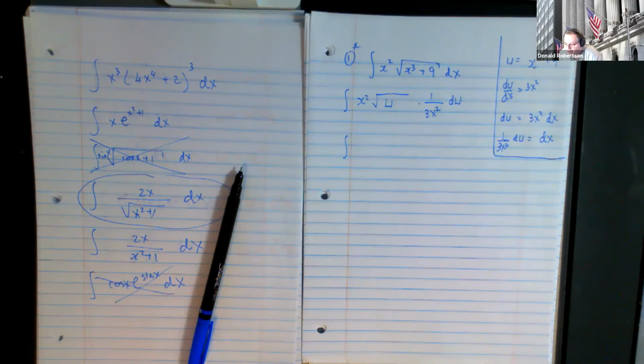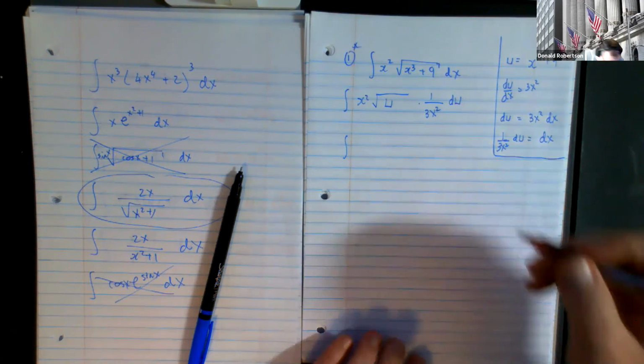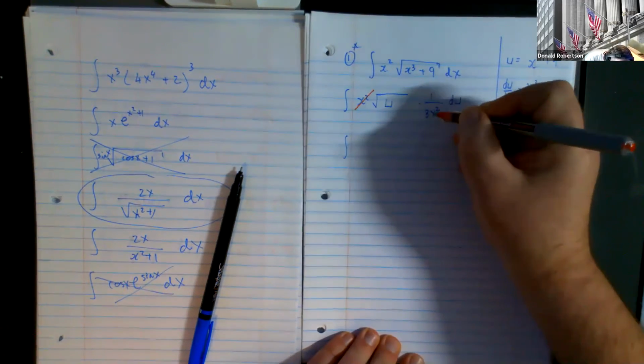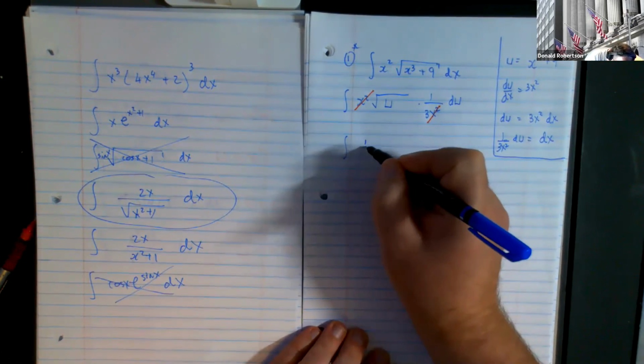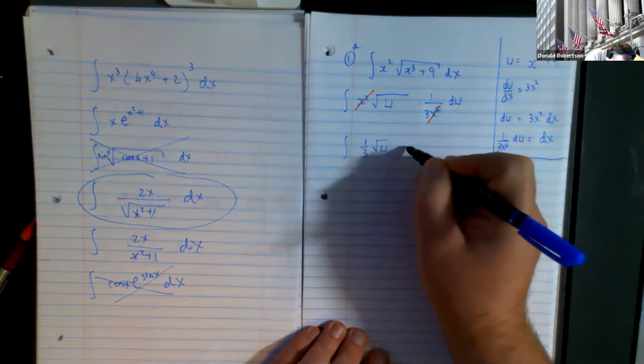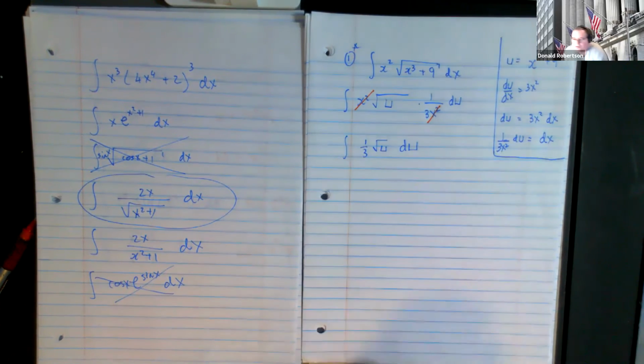You're okay to have numbers left over, but not x's. So I'm going to say that that x squared cancels out that x squared, and that leaves me with 1/3 the square root of u du. Square root of u seems to be a popular question right now.